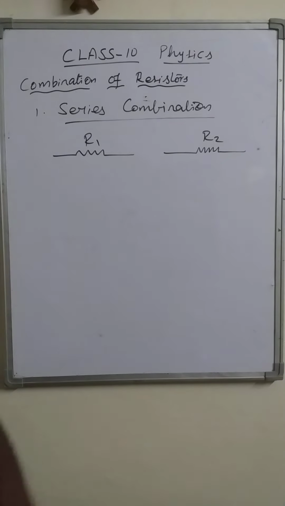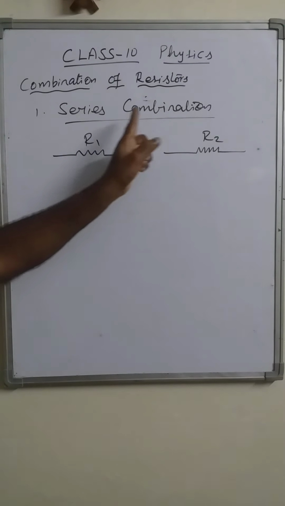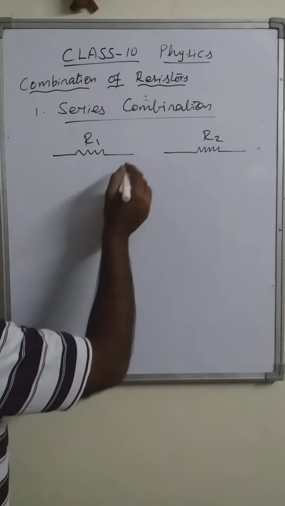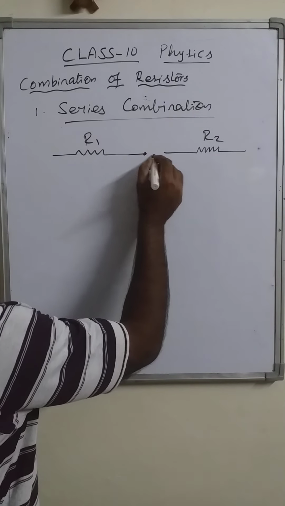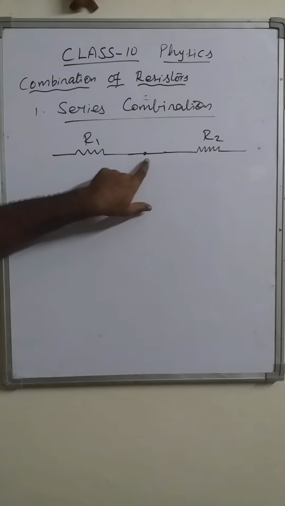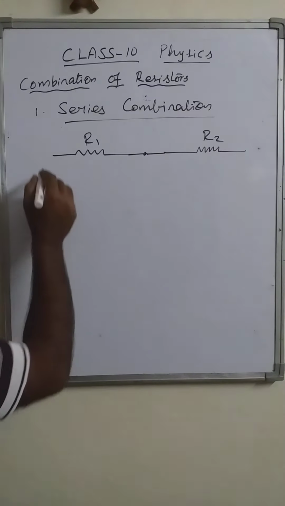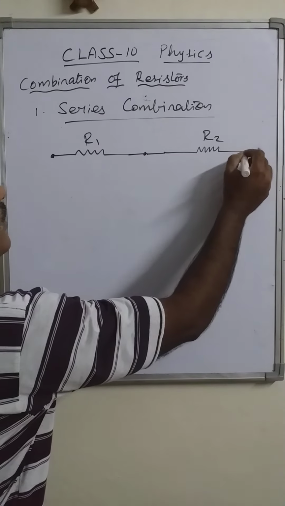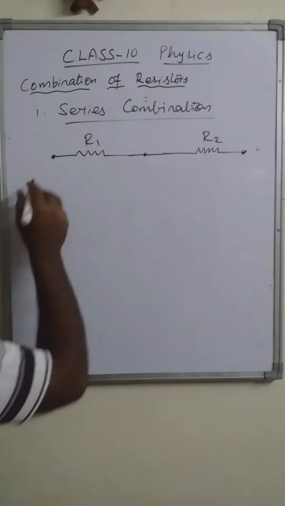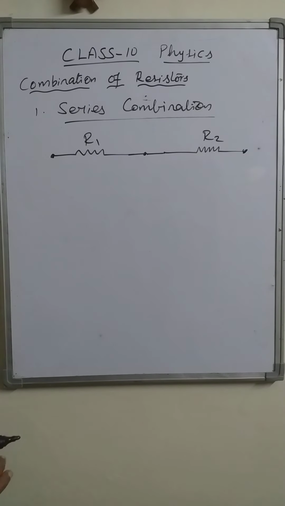Here we are going to join these two resistors in series combination. Series combination means they are joined end to end, meaning one end of both the resistors are joined together. The other two ends, we call them the free ends. The free ends of the resistors are joined to any part of the circuit.